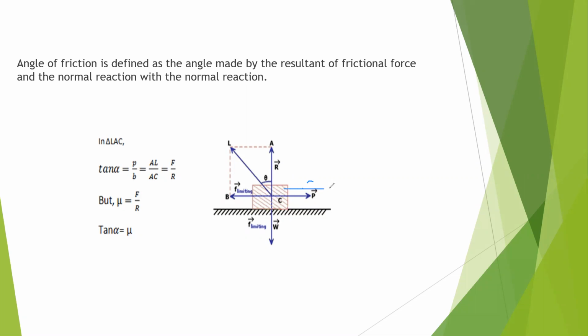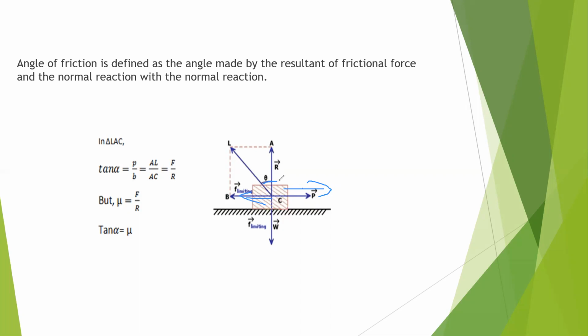Okay, applied force. The frictional force is always opposite to that, so this is your frictional force. Here you can see the resultant of the frictional force and the normal reaction. So this angle we call the angle of friction. Here we have one expression also.